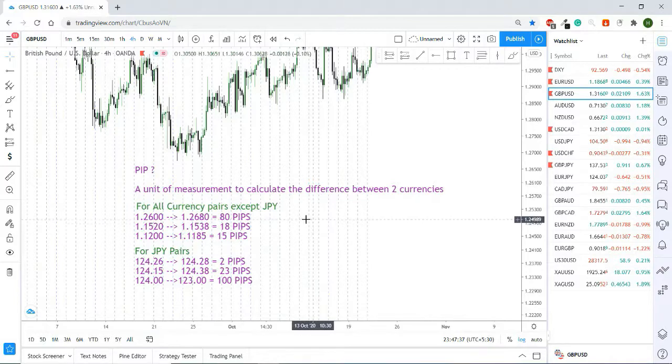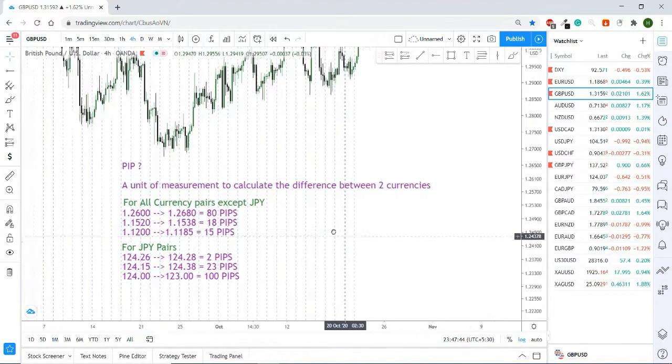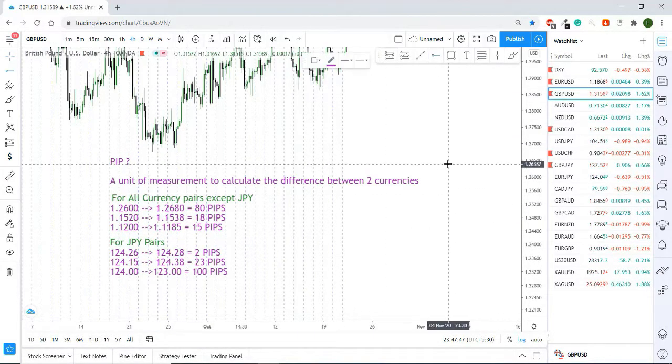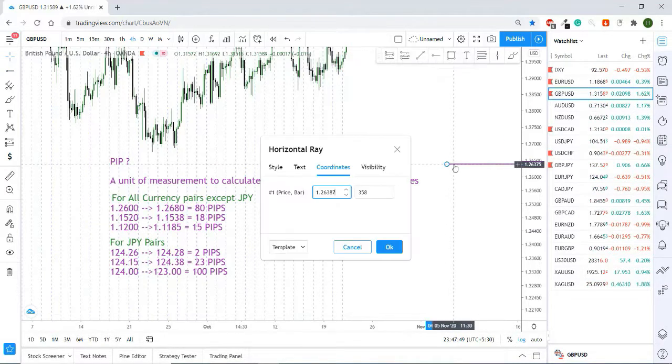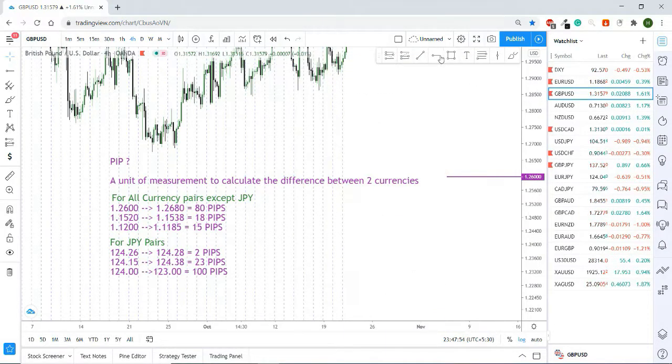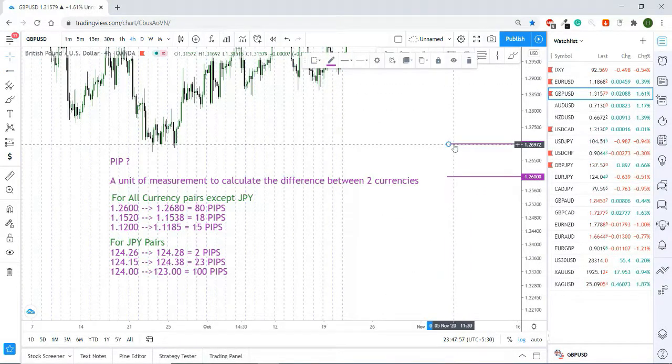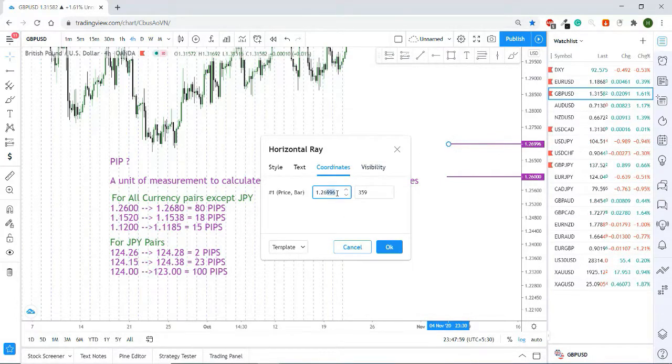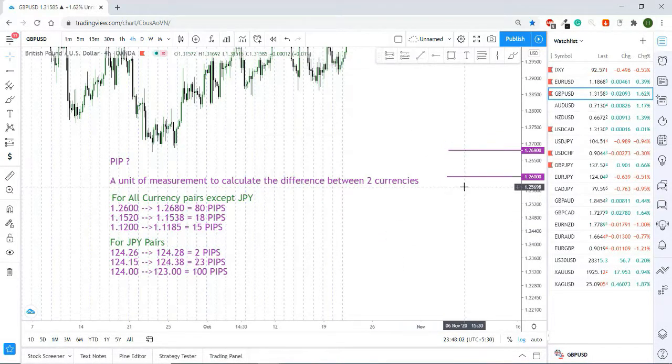Then the market moves from 1.2600 to 1.2680, so it has moved in the upward direction. We say that the GBP USD pair has moved 80 pips up.